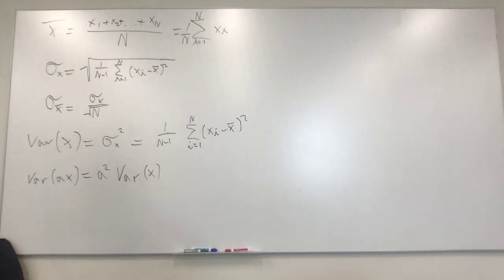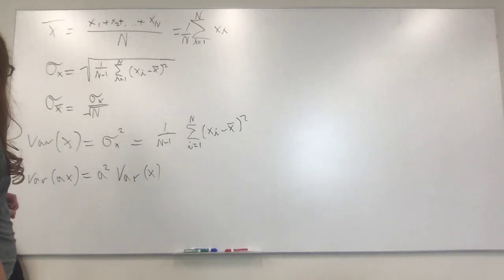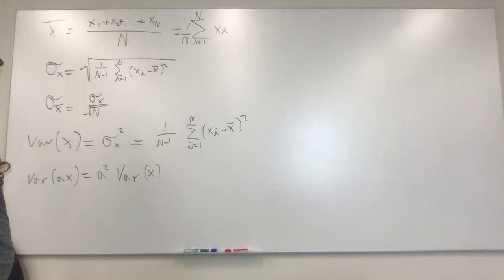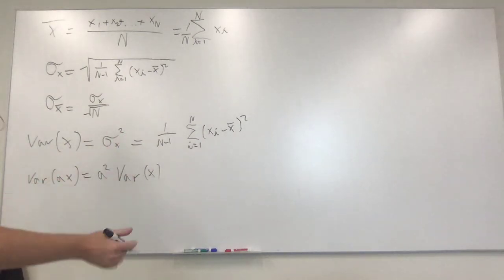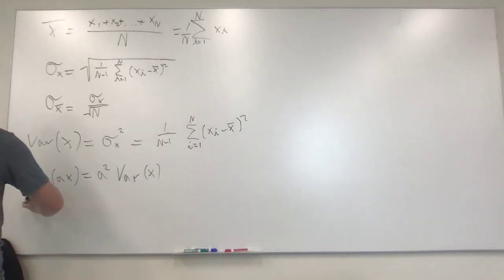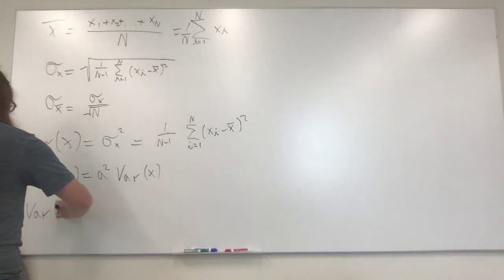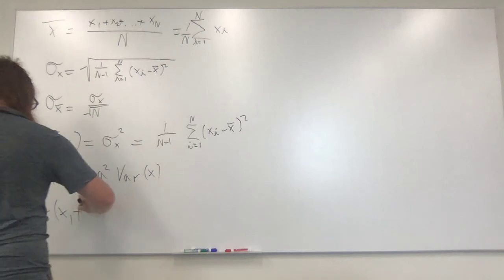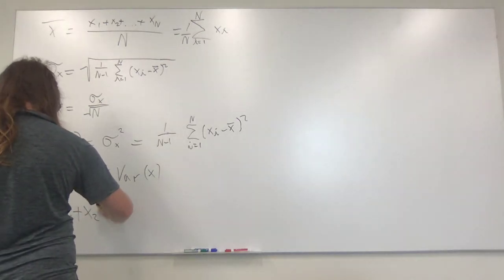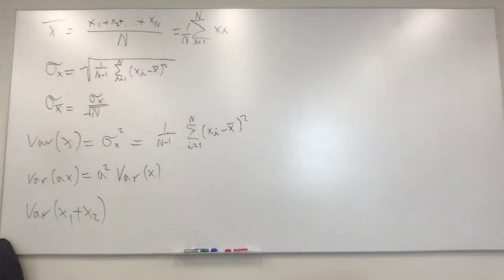Now what we need is that if we have different groups of numbers, so let's say a group 1 and group 2, and we add these groups together, what happens to their variance?